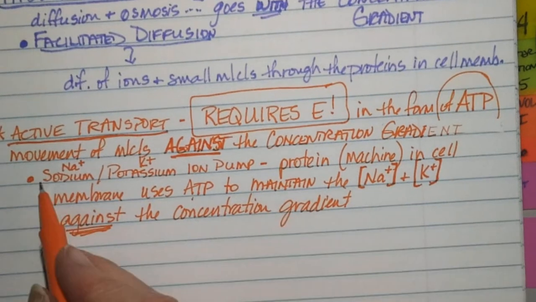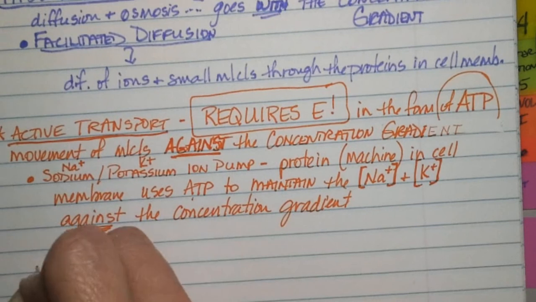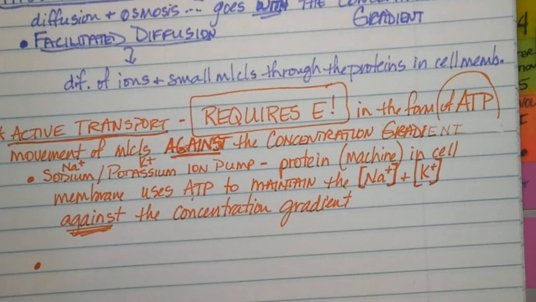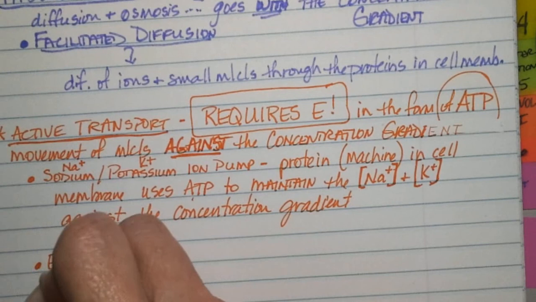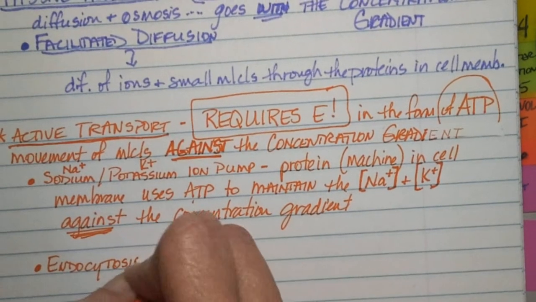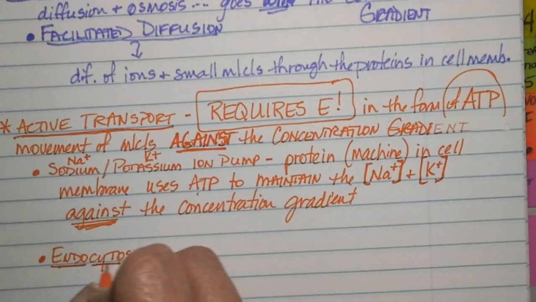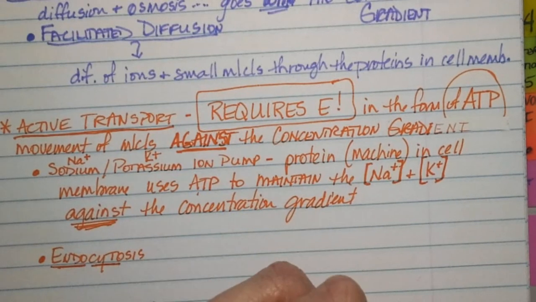Okay, so endocytosis. We've talked about pieces of this. The prefix endo means in. Do you remember cyto? Cytoplasm, cytology. What is cytoplasm? Yeah, it's the cell jello inside the cell. So cyto means cell.